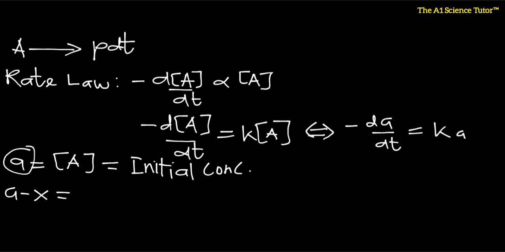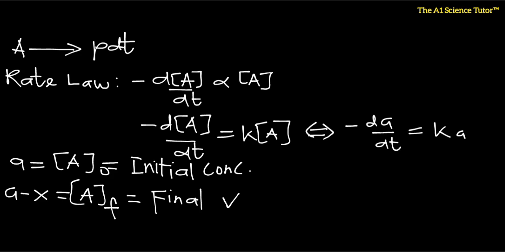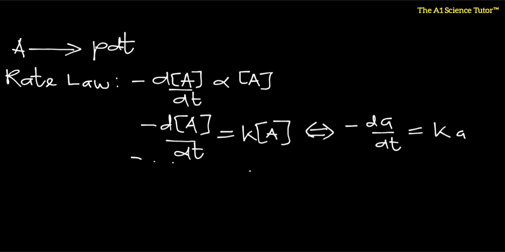If I have A to be the initial concentration, I could write it in a more specific term as A naught. Then another form of the remaining concentration is Af, which is the final or remaining concentration. So this is what we have. You just need to bear that at the back because we are going to use it in the process of the derivation.